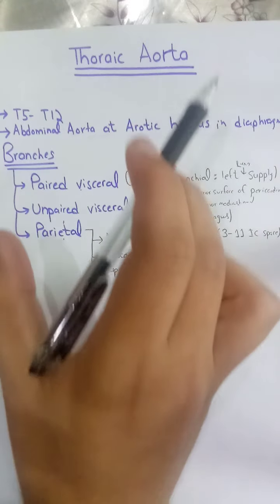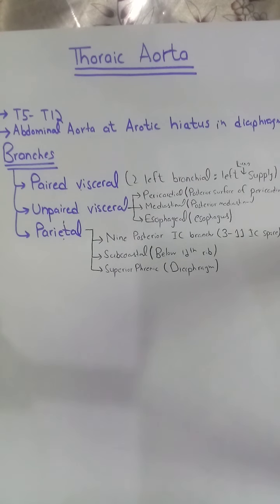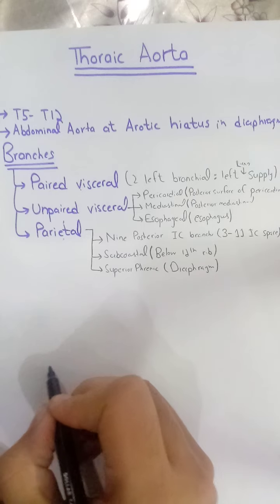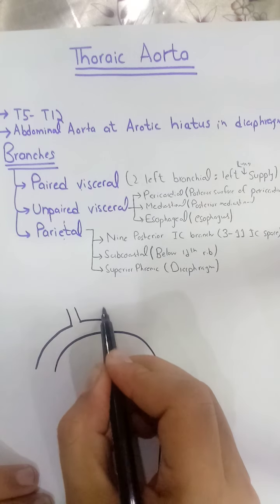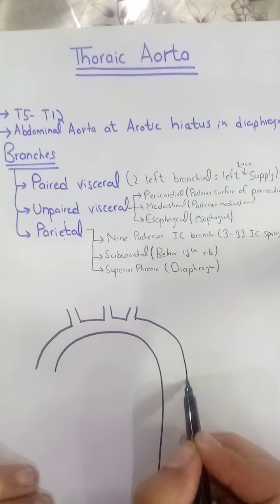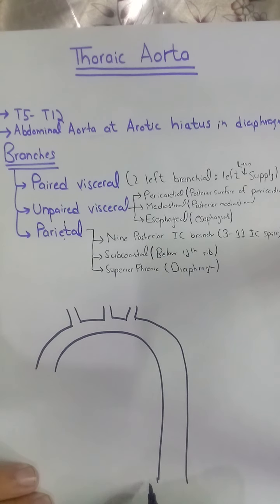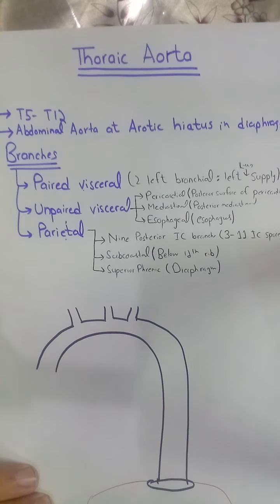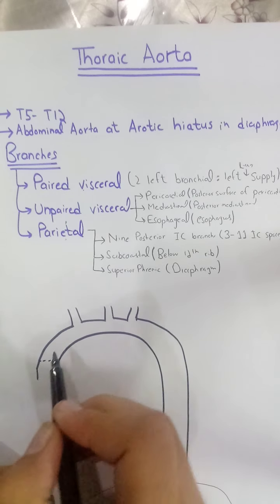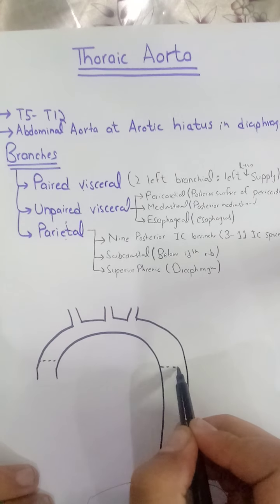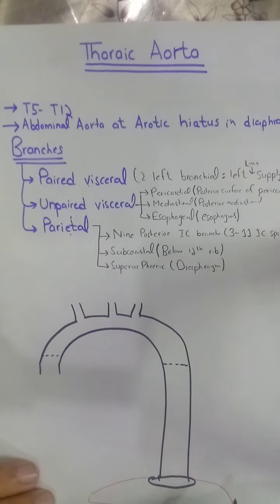Okay, so now we will discuss the thoracic aorta in the form of a diagram. We will draw it. As we have discussed till this point, this was the ascending aorta, this was the arch of aorta, and this will be the descending aorta.